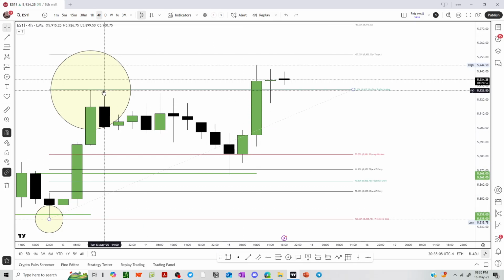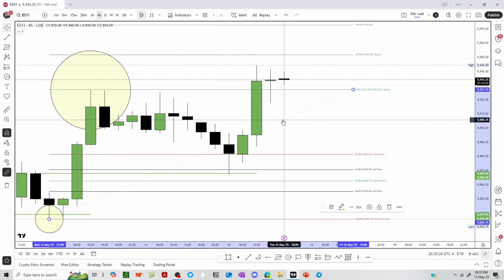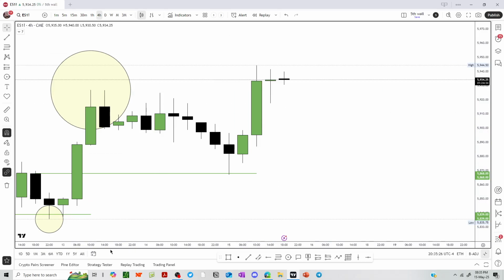Discount to premium is that run up, and then a retracement into discount, below 50%, below equilibrium. That's one principle.